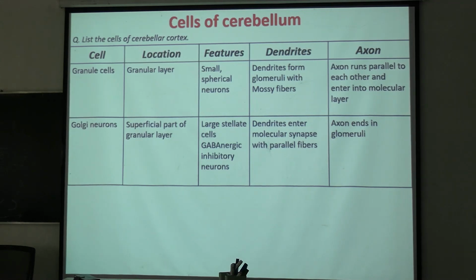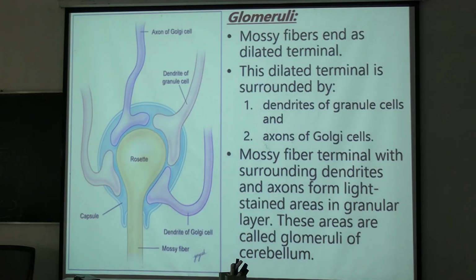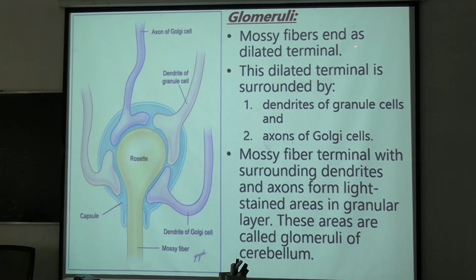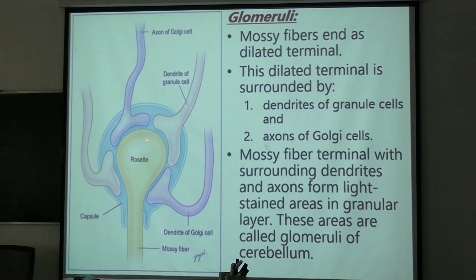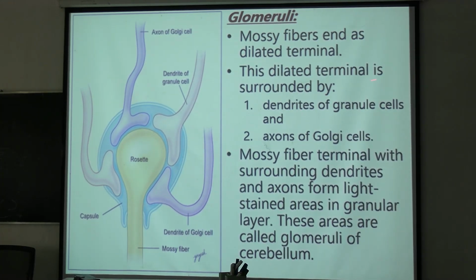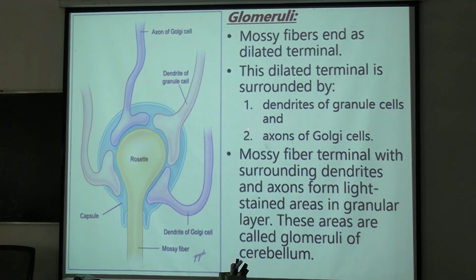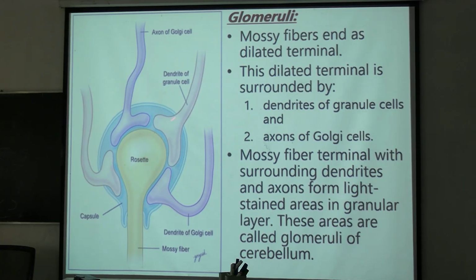Okay, so these are the different cells and their axons and dendrites. So what is glomeruli? This is the glomeruli formation. Mossy fiber ends as a dilated terminal. So this is the mossy fiber end and this dilated terminal is surrounded by dendrites of the granule cells. These are the dendrites of the granule cells and axons of the Golgi cells.